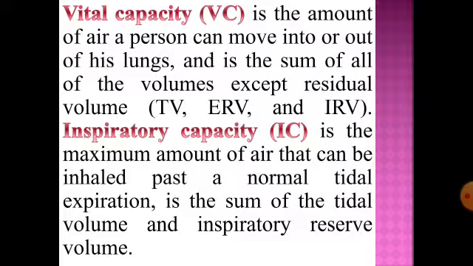Inspiratory capacity, IC, is the maximum amount of air that can be inhaled past a normal tidal expiration. It is the sum of the tidal volume and inspiratory reserve volume.